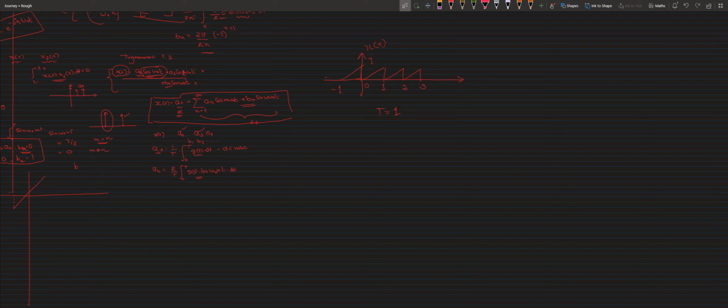The expression is 1 by T integration from 0 to T g of t e power minus jn omega naught t dt. So this is the expression for Cn. Can you quickly find Cn for this?